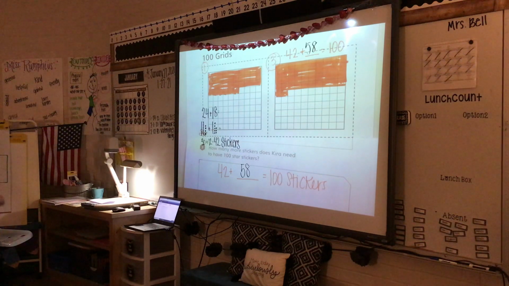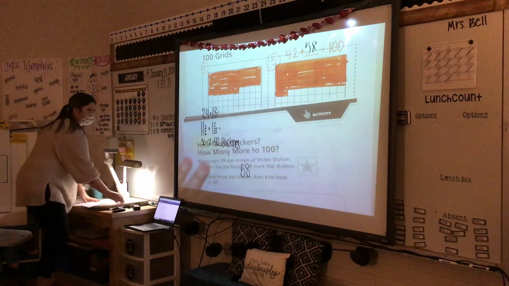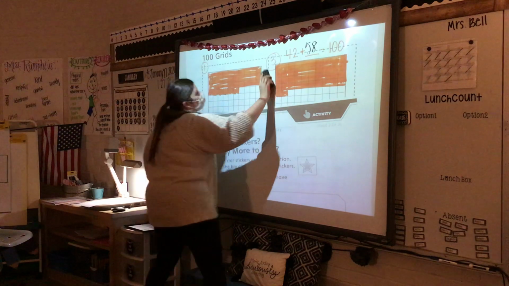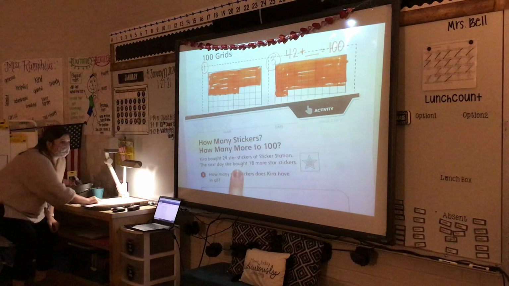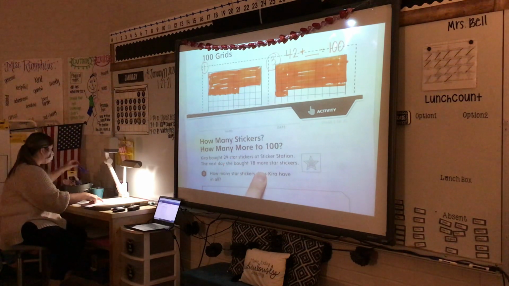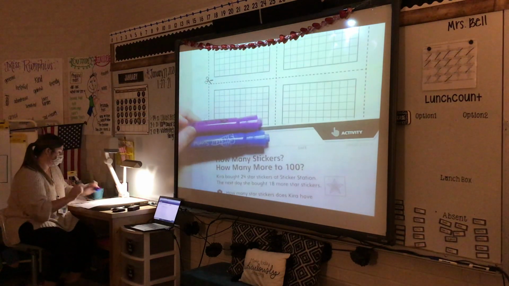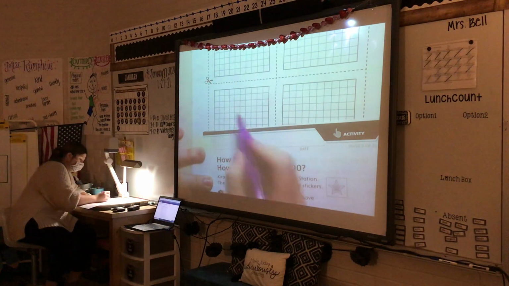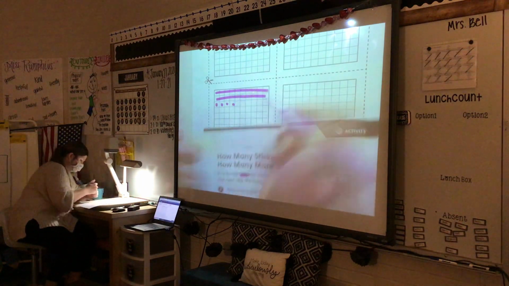I'm going to erase this real quick. So you're not doing anything because there's nothing for you to do except pay attention, okay? So in number 2, it said she bought 24 and she bought 18. So if I wanted to, I could take 2 colors and color in 24. 1, 2, 3, 4.